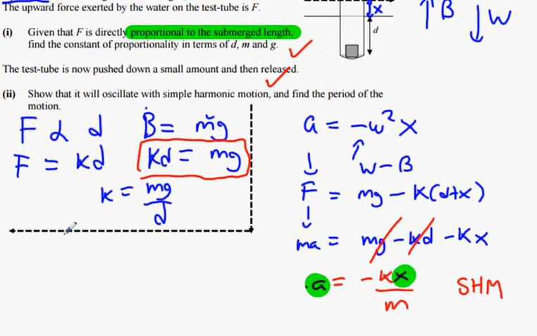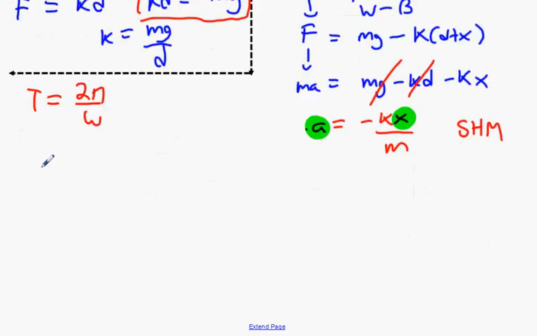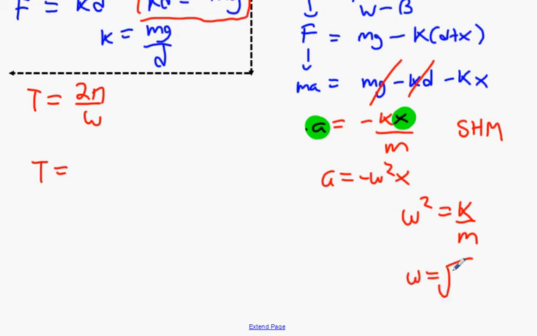Oh, that's easy. T equals 2 pi over omega. a equals minus omega squared x. This means omega squared equals k over m. This in turn will mean omega equals the square root of k over m. 1 over omega would be the upside down version of that, wouldn't it?